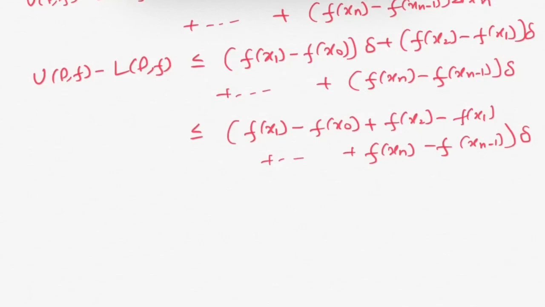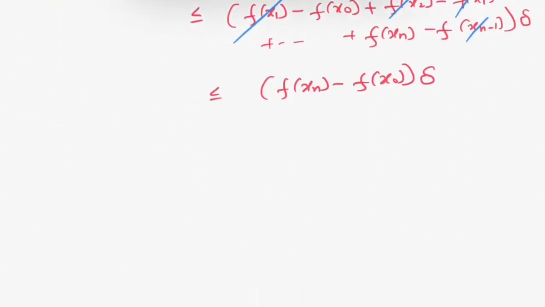Okay, so now you can see some terms are cancelling out. So cancelling those terms, f(x1) cancels out, f(x2) cancels out, and f(xn-1) cancels out. Now we are left with (f(xn) minus f(x0)) into delta. Okay, so now choosing epsilon such that epsilon equals (f(xn) minus f(x0)) delta.